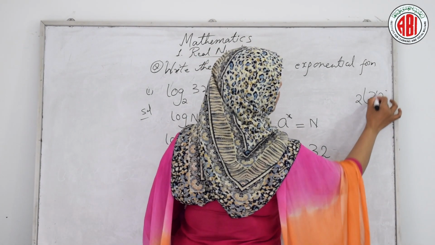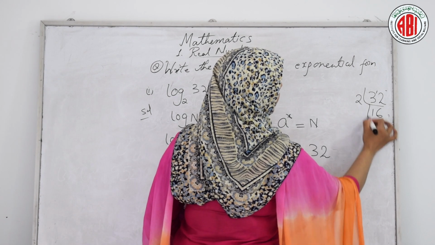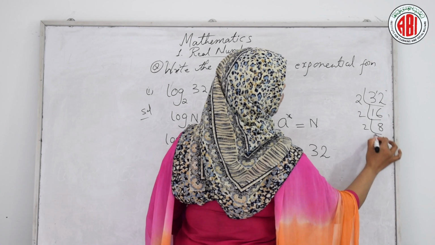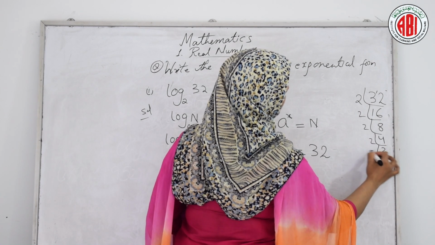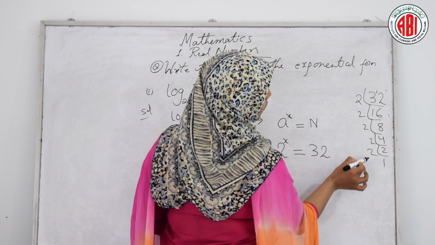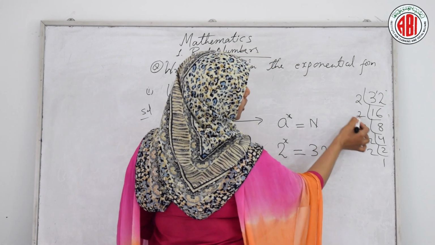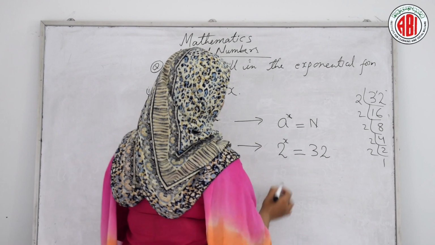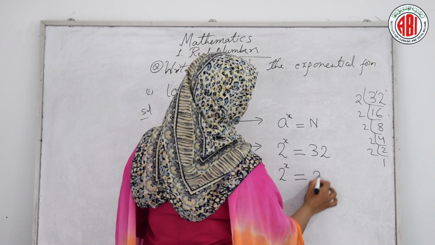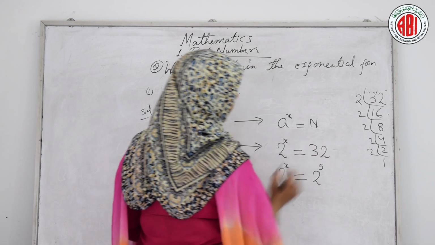2 1s are 2, 2 2s are 4, 2 4s are 8, 2 8s are 16, 2 16s are 32. That means 32 we can write as 2 five times, that means 2 into 2 into 2 into 2 into 2. That is, 2 to the power x is equal to 2 to the power 5.